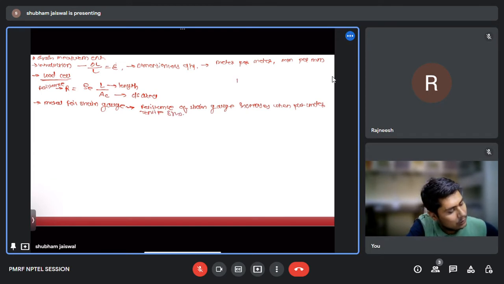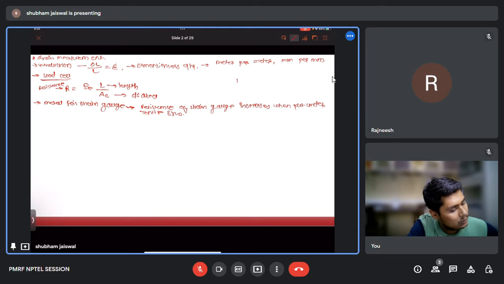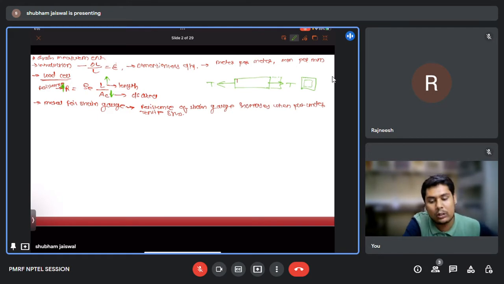Suppose this is our component, and if we apply the tensile load, its length is increasing, and at the same time its cross-sectional area is decreasing. So the length is increasing and the cross-sectional area is decreasing, which in turn results in increasing the resistance of the material. Okay.